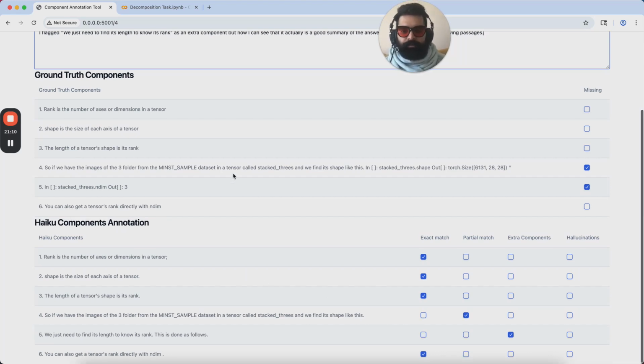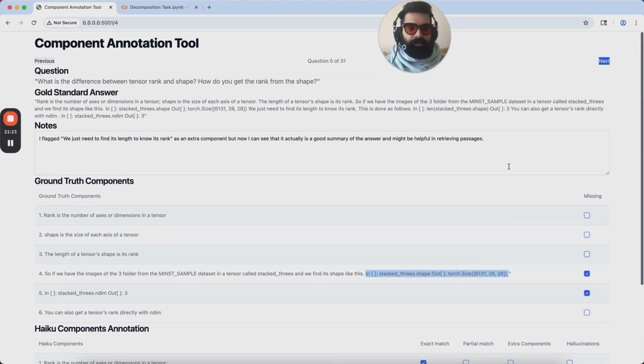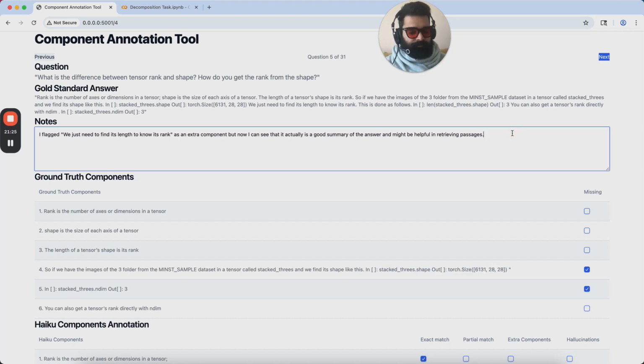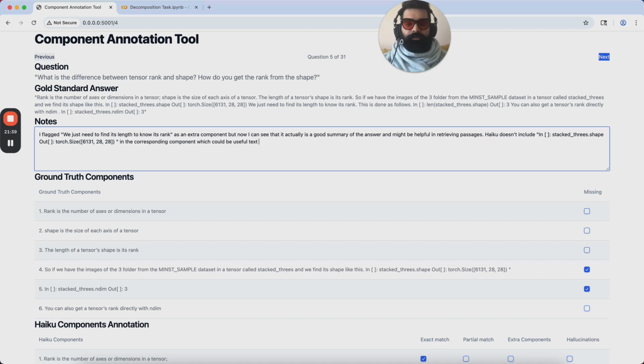And then for this one, it has this, but it doesn't have this text here. And what I'll say for that is that Haiku doesn't include that in the corresponding component, which could be useful text for search.